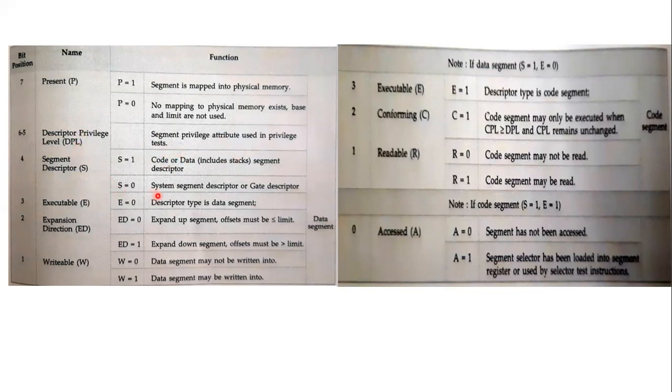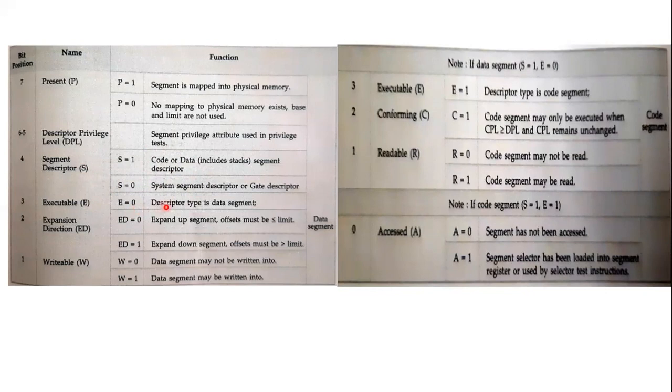If it is 0, it is a system segment descriptor or a gate descriptor. Very simple. If the S bit is 1, it is a non-system segment descriptor, and when the S bit is 0, it comes under the category of system segment descriptors, that is LDT, gate, TSS.